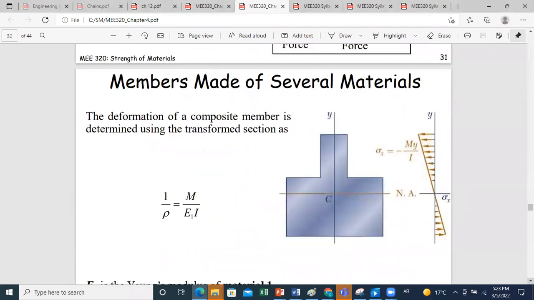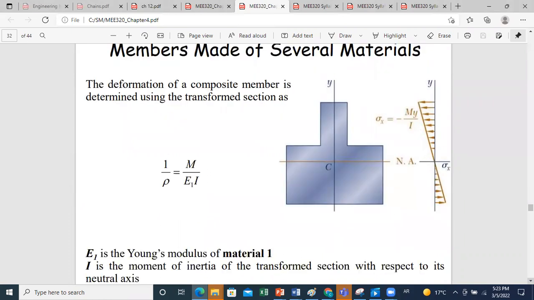Now, concerning the value of the radius of curvature, to determine it we can also use the modified section, because the neutral axis is at the same level for both. So we can determine the level of the neutral axis by using the modified section.